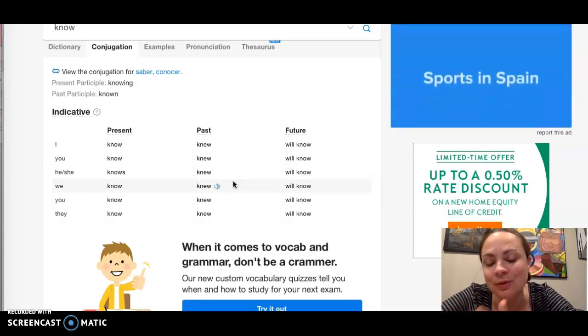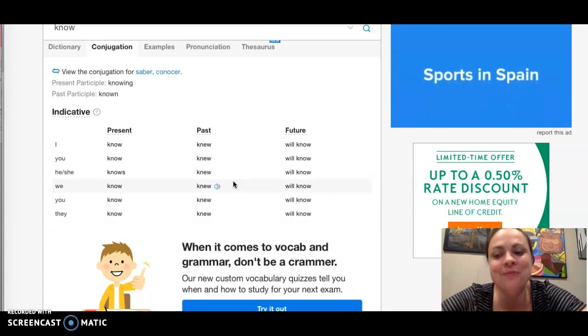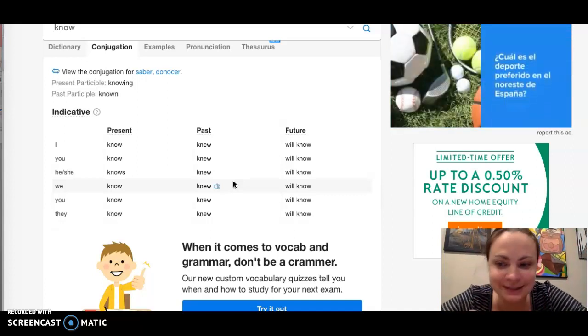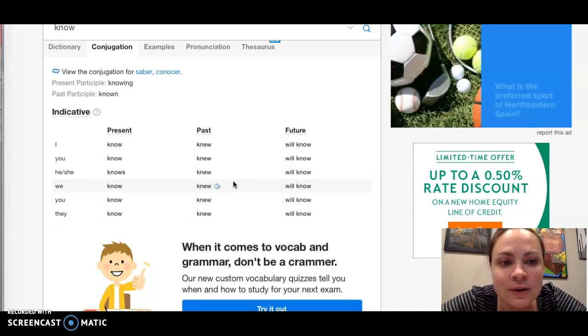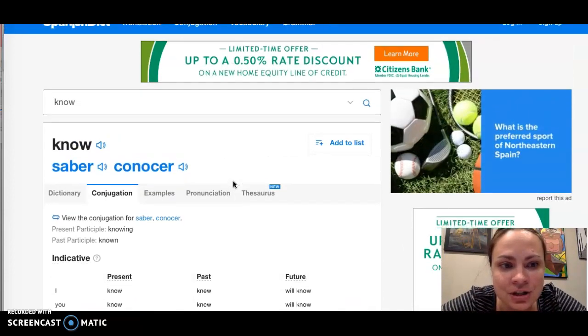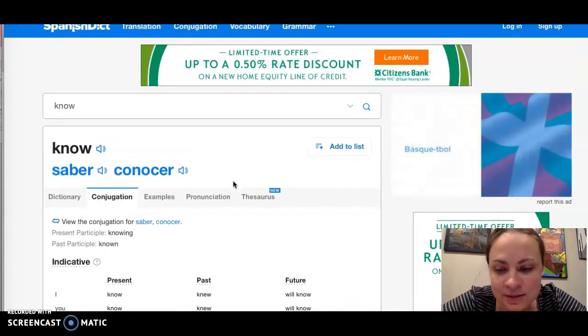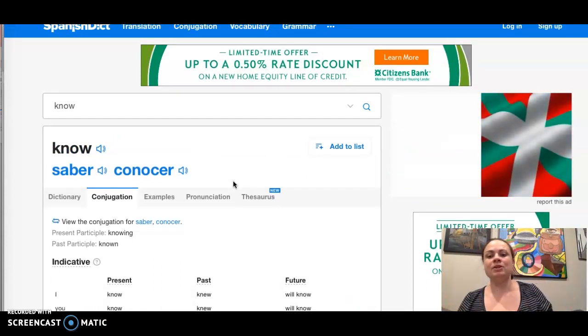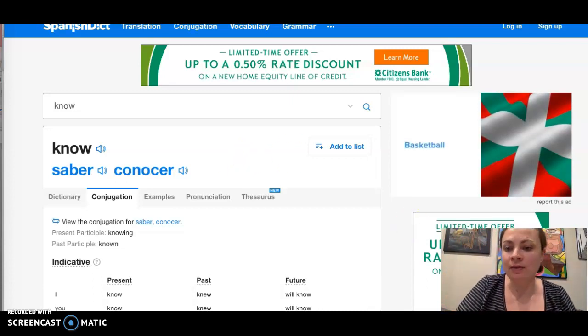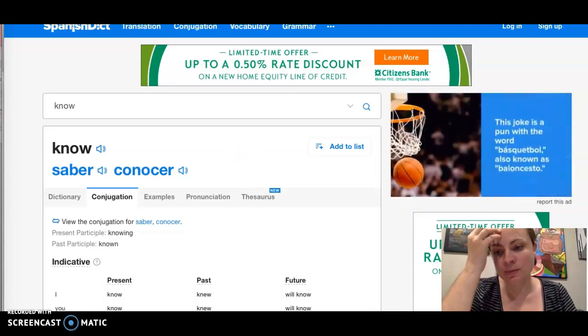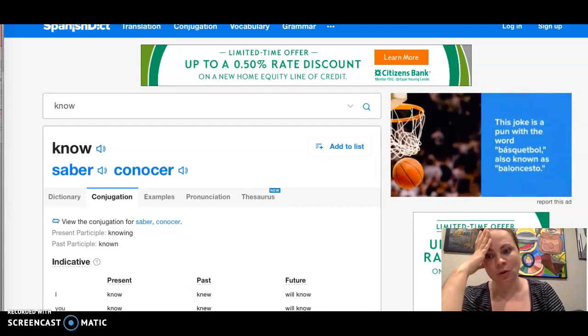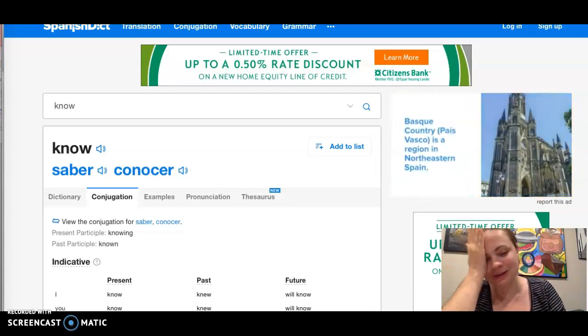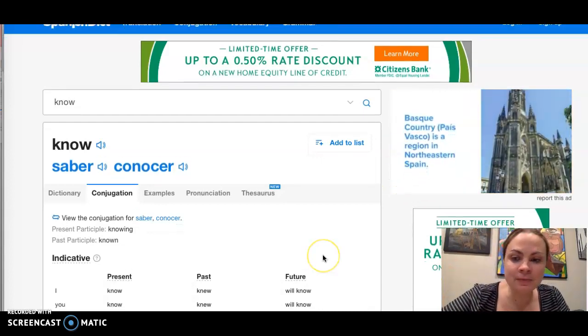Oftentimes Google will give it to you right away, but for some reason, to know is a verb that it doesn't want us to get at easily. So what you can do is always go to this site called SpanishDict. It's a site that helps Spanish language learners, but it is useful because it gives us the English verbs. You don't want to see the words in Spanish, but you can see them in English on this site.